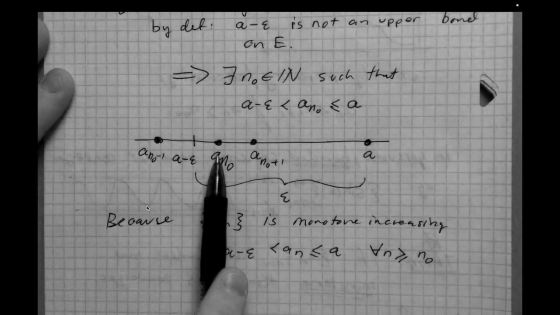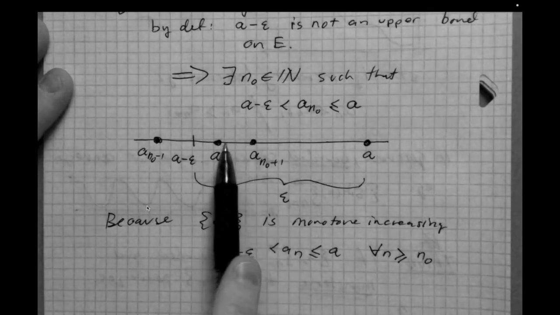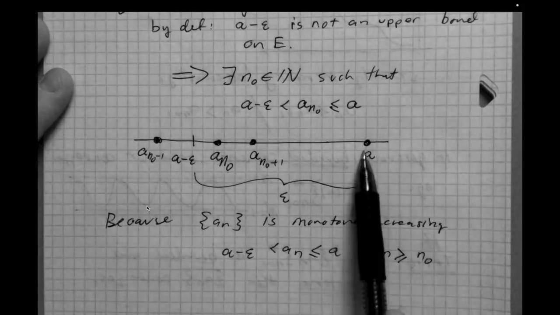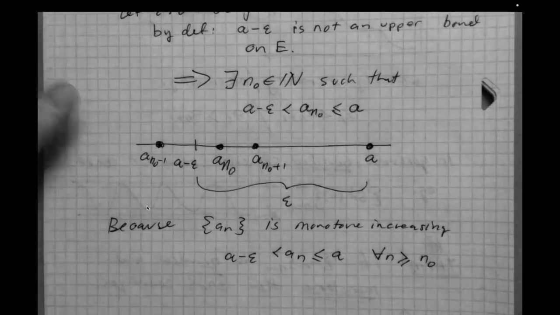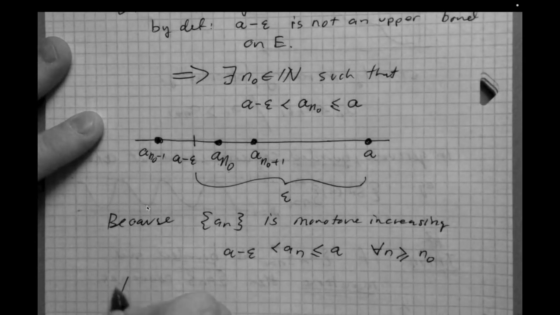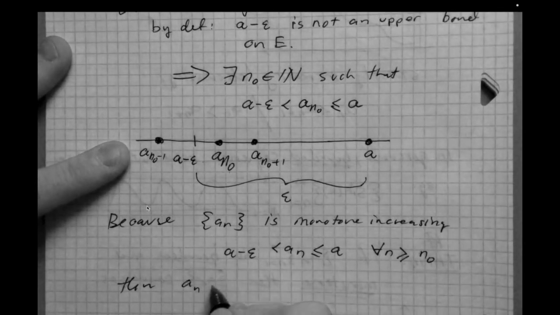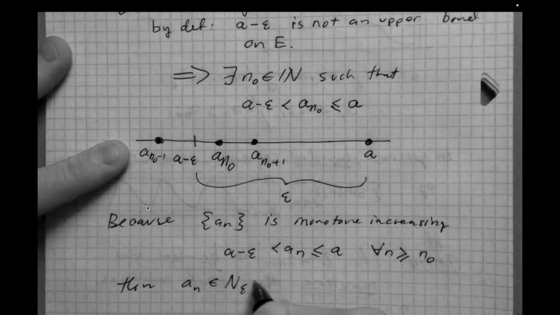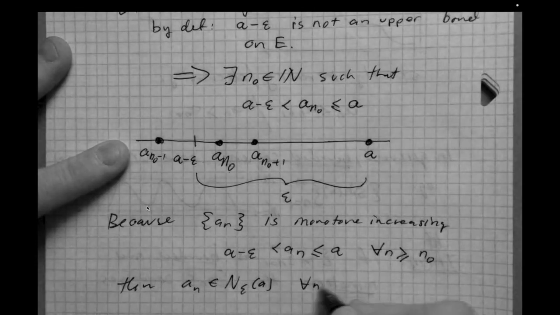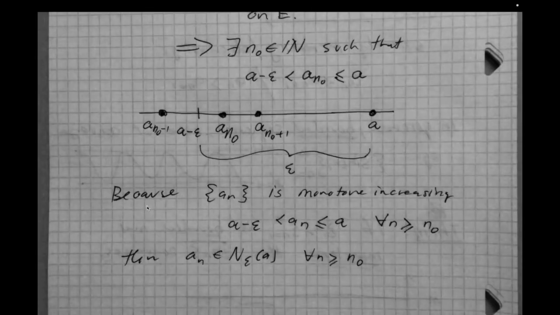Every term in the sequence with a larger index than n naught is going to be larger than A minus epsilon and less than or equal to the supremum. That's the structure we've constructed. Given that, a sub n is going to be in the epsilon neighborhood of A for all n greater than or equal to this n naught. And this is just the definition of convergence.